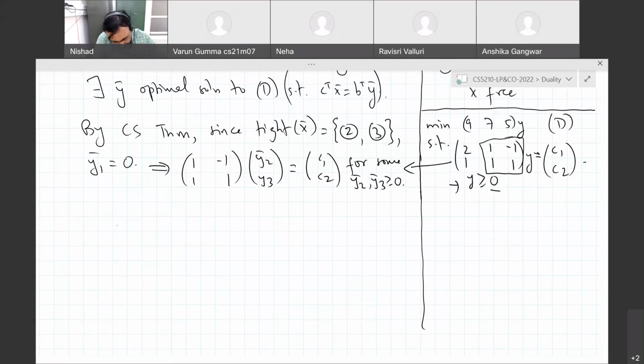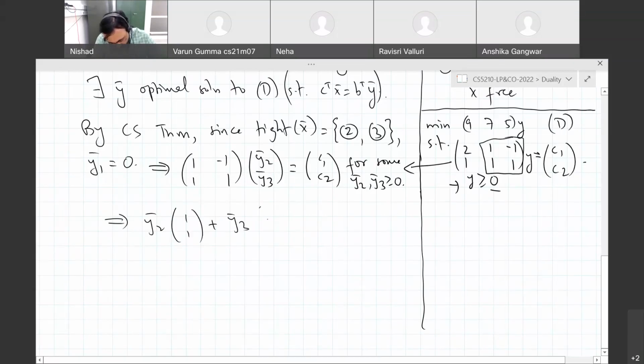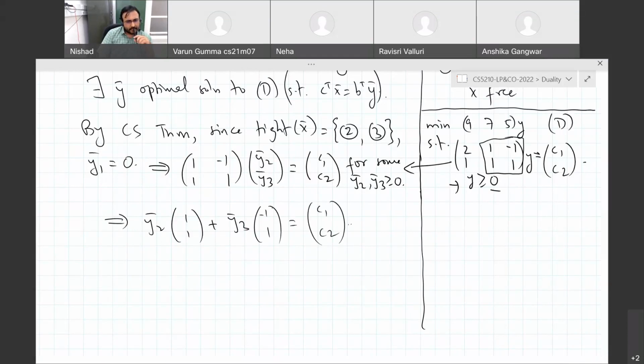In particular, this means that y2 bar times 1, 1 plus y3 bar times minus 1, 1 is equal to your objective function, for some y2 bar and y3 bar non-negative.